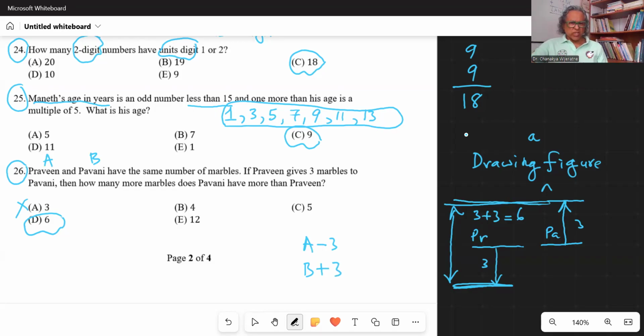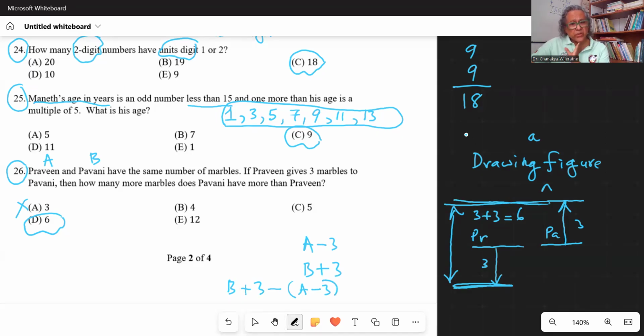Now it gets a bit mathy. To find how many more Pavani has than Praveen, you need to subtract what Praveen has, which is A minus 3, from B plus 3.